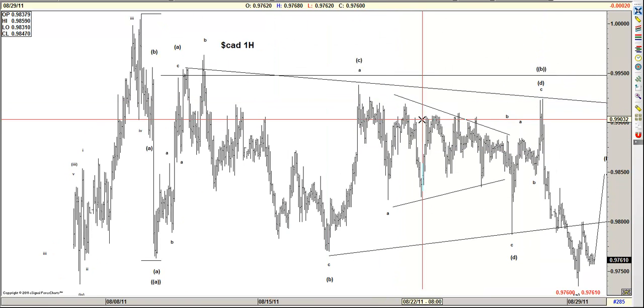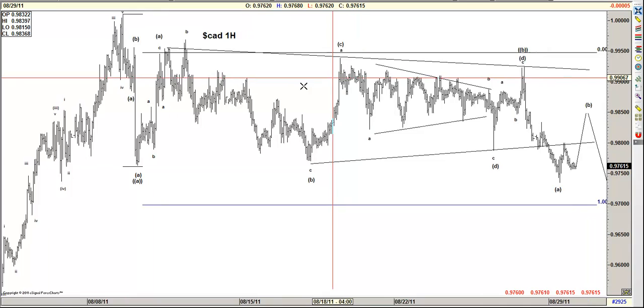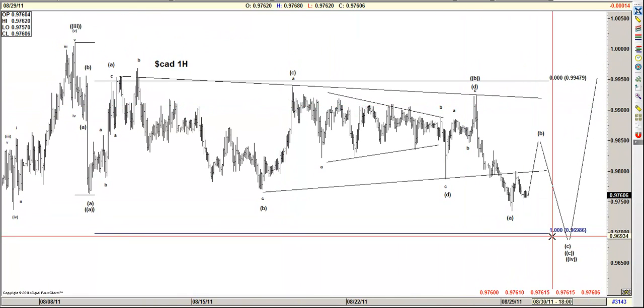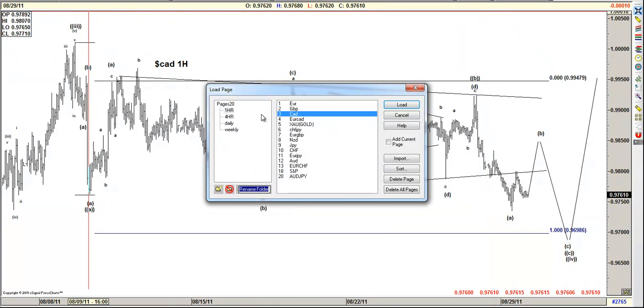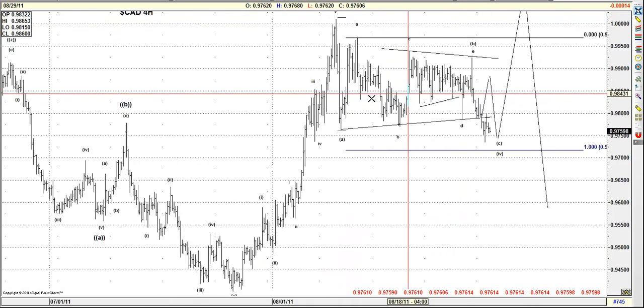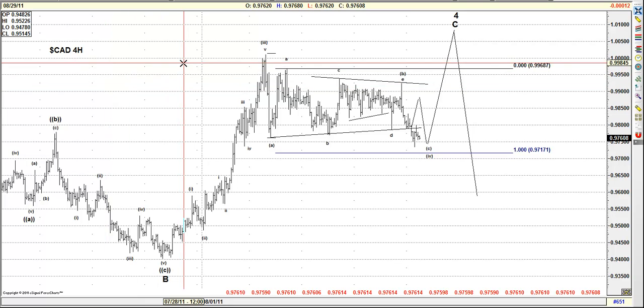Now the CAD, same scenario as cable and as the euro. Let me put the 4-hour up better. CAD looks like it's looking for an area around 97, 96 and a half before bouncing in favor of the dollar again. So all the pairs are showing the same. That's why we've been saying since the weekend that the dollar is about to make a move.